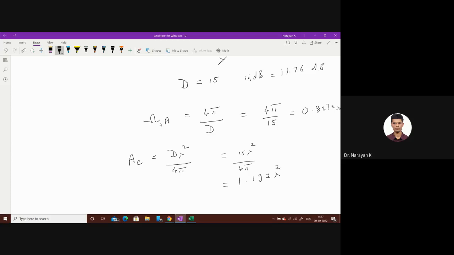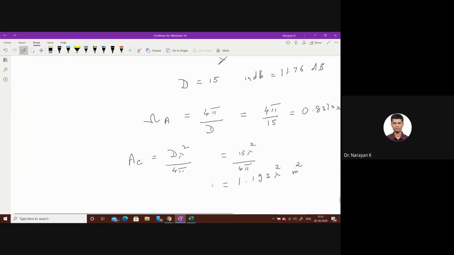What will be the unit of effective aperture? Aperture area. What will be the unit of area? Meters squared. Correct.